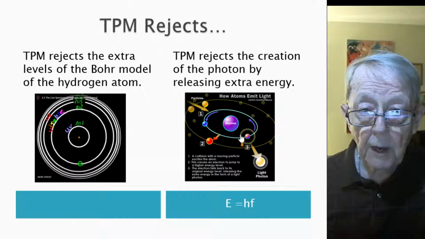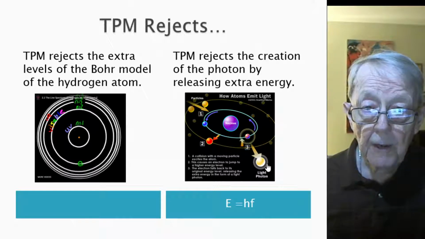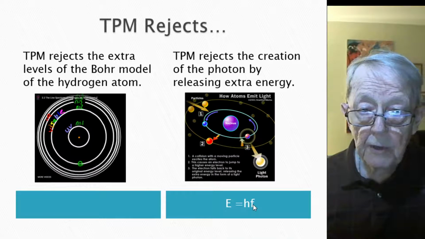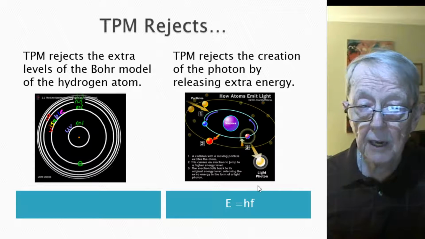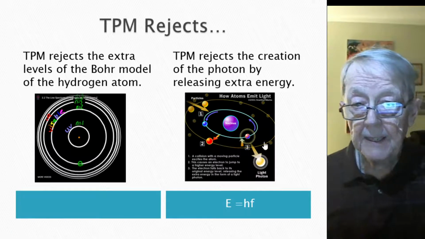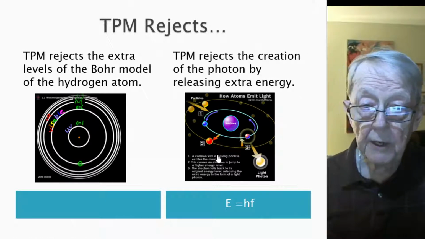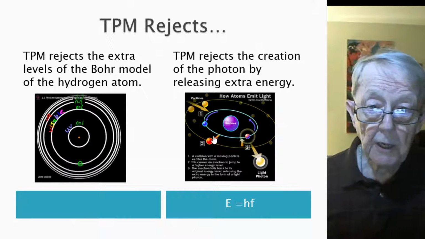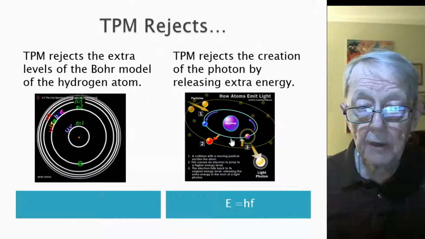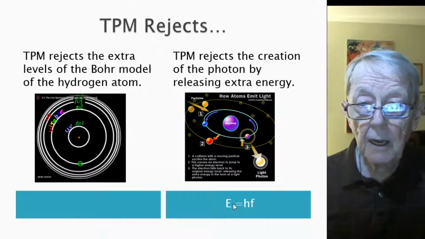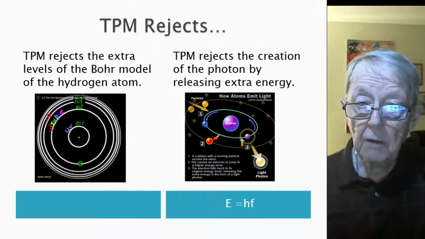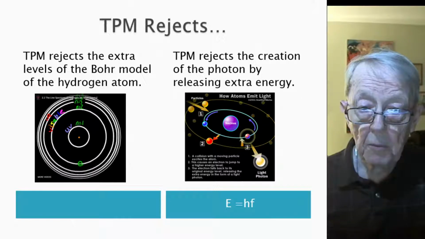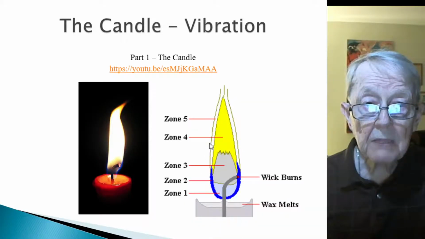When it falls back, it releases energy in the form of a photon. The frequency of that photon is based on that extra energy divided by Planck's constant. And that's why in one case it's red and in something else it's different, because it depends on how high a level it jumps. That's not the particle model explanation for light being generated from a hydrogen gas.